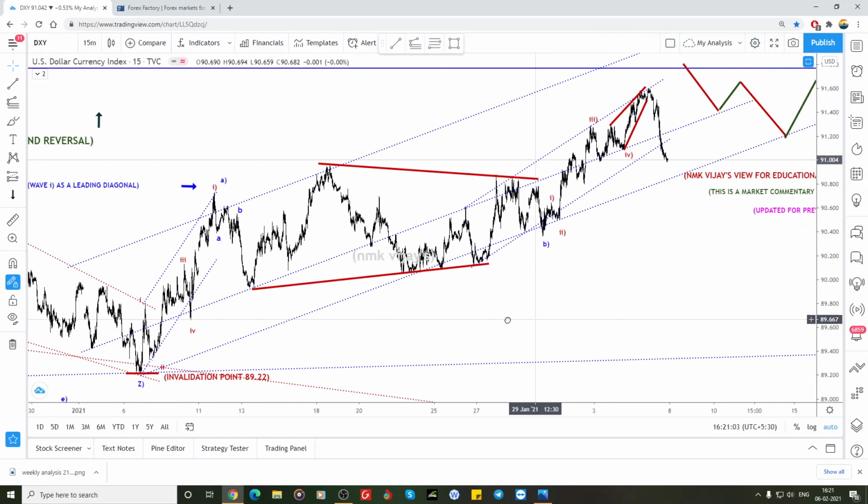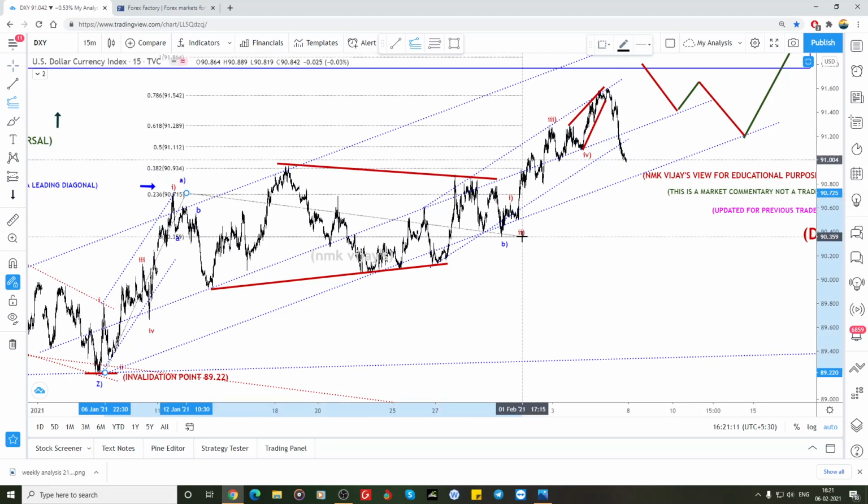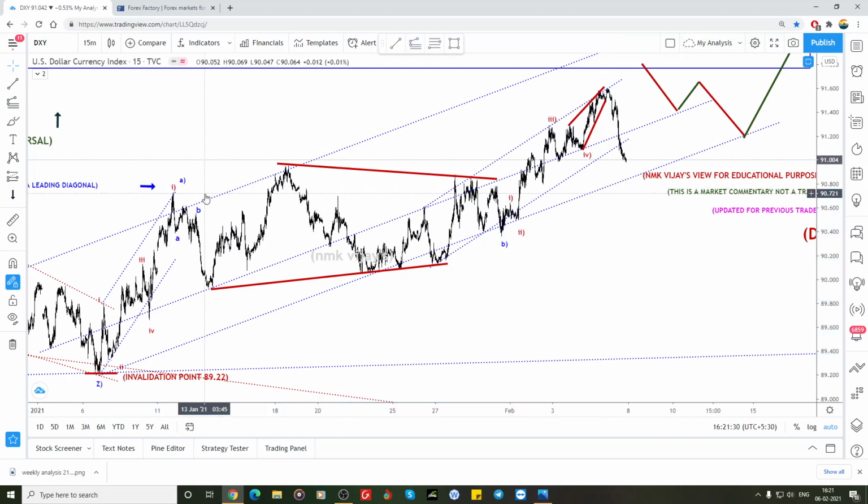Now we are in the pullback. So this is A, B and C, and as per this it's perfectly a 0.786. So this is a rejection of the B as in a triangle, and the C has already completed here. Now the same count is in that EURUSD also.